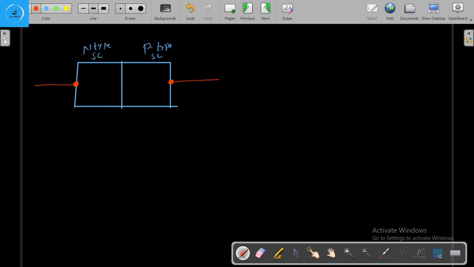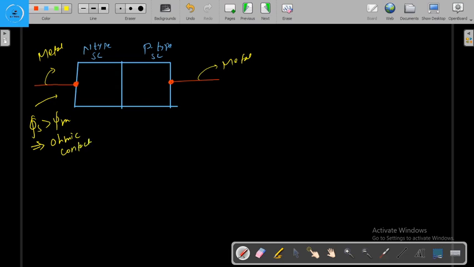For the n-type semiconductor and the metal connection, when phi s is greater than phi m, the contact between the metal and the n-type semiconductor will be the ohmic contact.